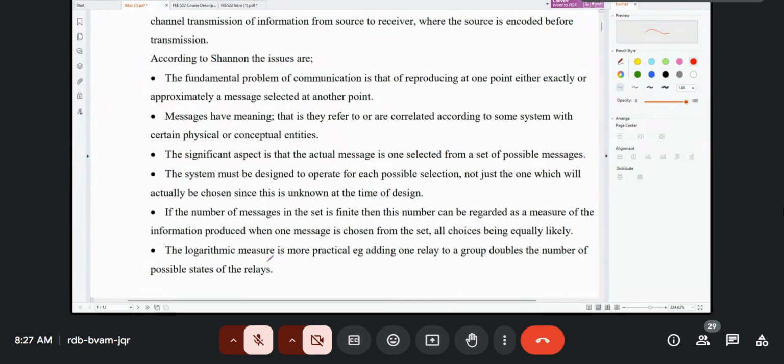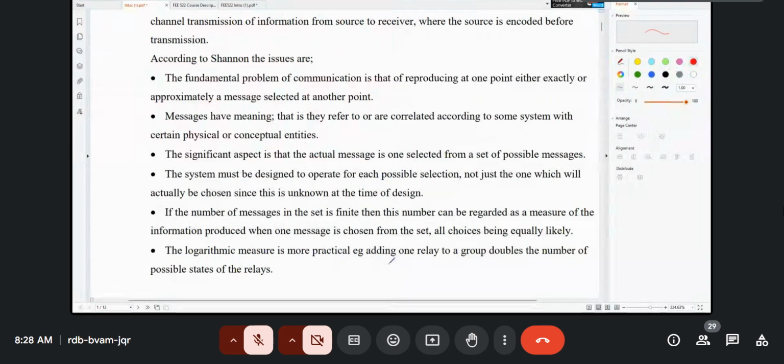Then the last one talks about the logarithmic measure, why we use a logarithmic measure when dealing with information. At that time, I think it was since we are dealing with digital. The example used here is the relay, because it has either on or off position. It is very similar to the choice of zeros and ones.